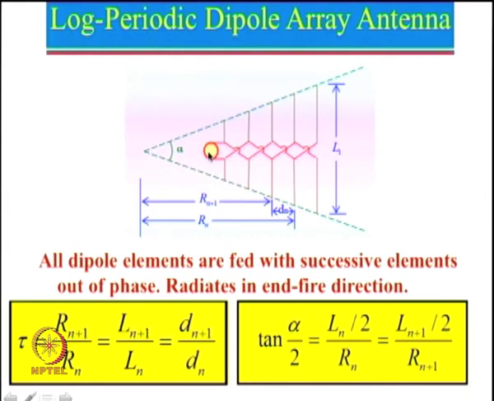If we feed from the lower end, then at the lower frequency these will not get excited, the power will flow through here and this dipole antenna will get excited at the lowest frequency. As the frequency of operation increases, then this dipole antenna will get excited, then this one, then this one, and so on.